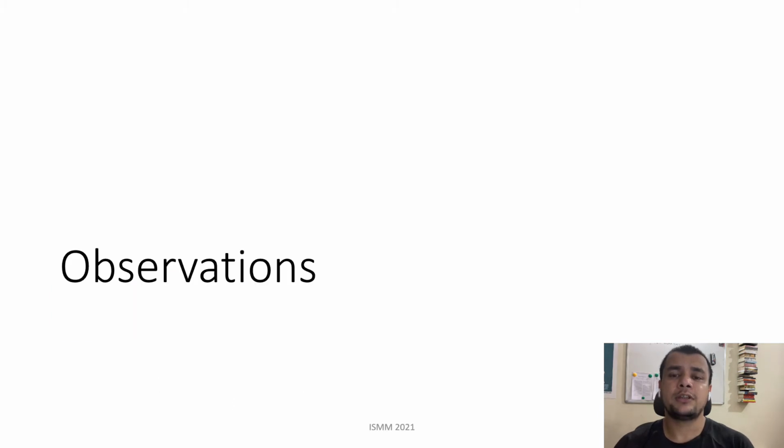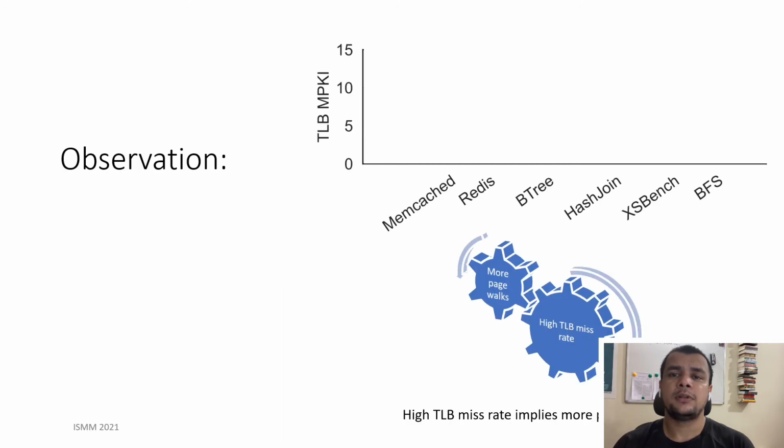Now we will discuss some of our observations in a tiered memory system. These observations further warrant the need of a better page table management system. In every system, TLB is a small cache that contains virtual address to physical address mappings. In the event of a TLB miss, we need to do a page table walk to fetch the mapping from the corresponding page table.